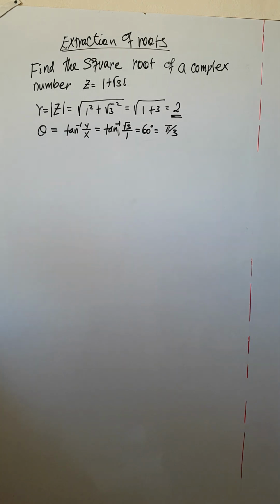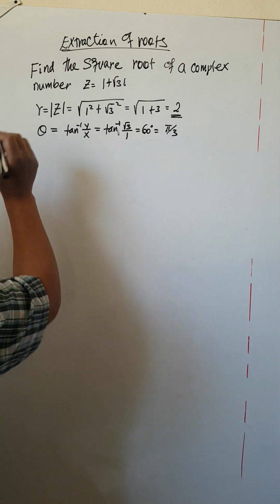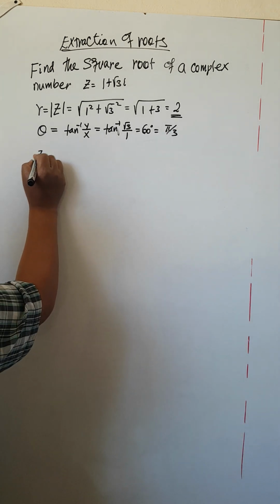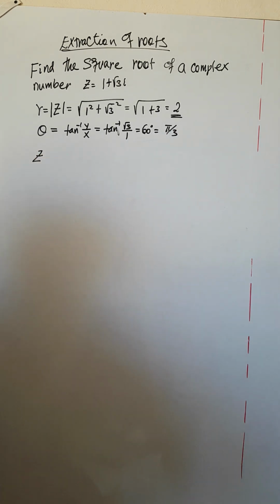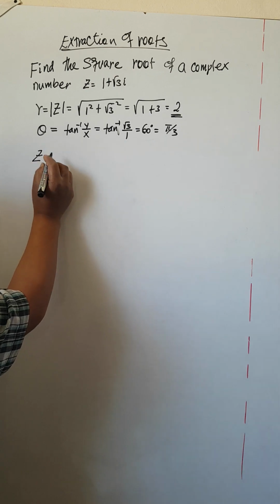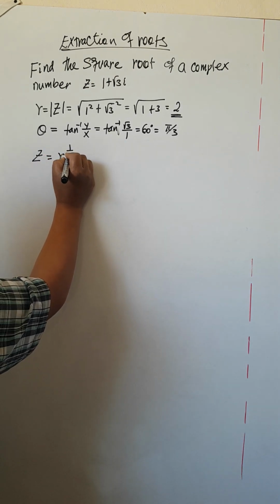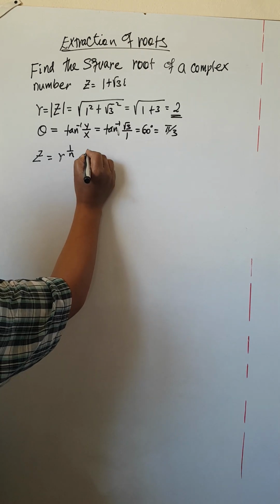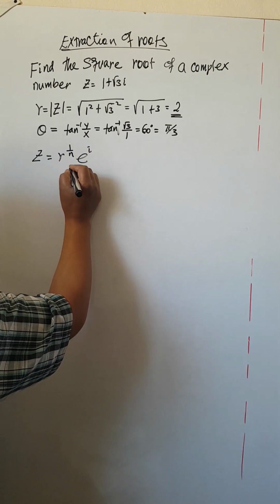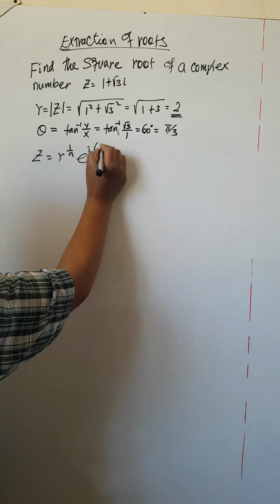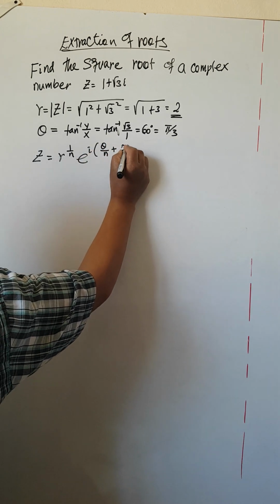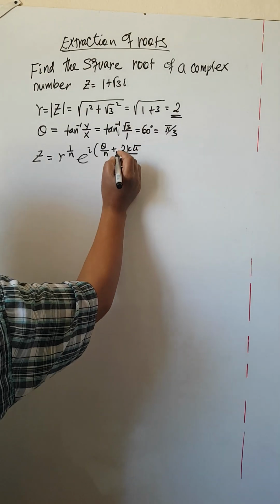Then here we have the formula for finding the nth roots. The nth root of z is represented as r to the power of 1 over n, times e to the power of i times theta divided by n plus 2k pi divided by n.